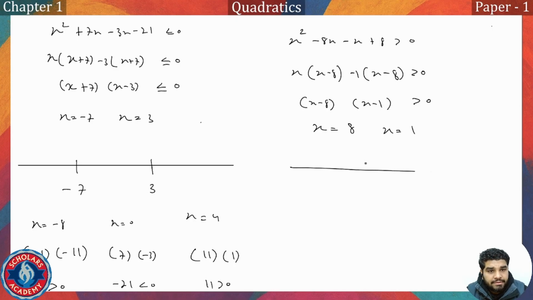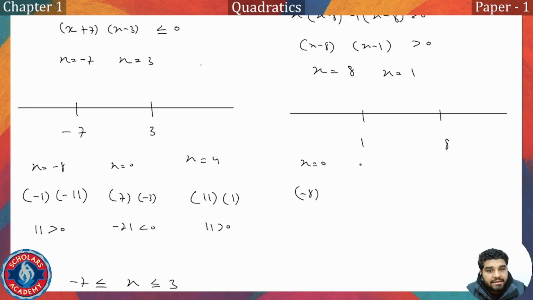So the real line gets divided into three parts: 1 and 8. If I check for x is equal to 0, I get negative 8 times negative 1, so it's 8. Yes, it is greater than 0. If I check for x is equal to 2, it's negative 6 times 1.